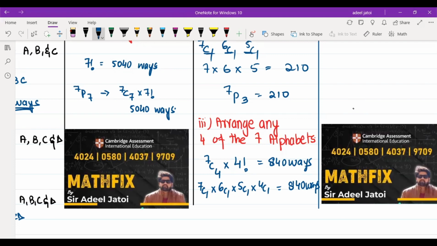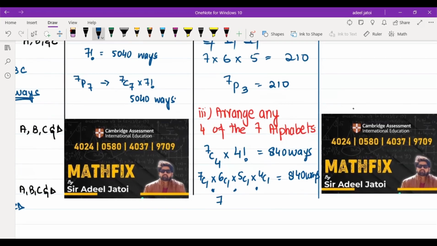And since this multiplication sign is there, that means this is applying the factorial within this 7, 6, 5, and 4. Because 7C1 is 7, 6C1 is 6, 5C1 is 5, and 4C1 is 4. Then we can also apply 7P4, which means obviously selection and arrangement together. So this will be what? 840 ways.